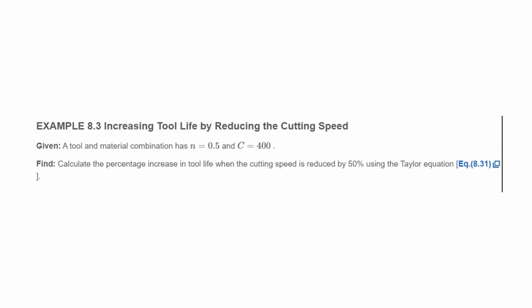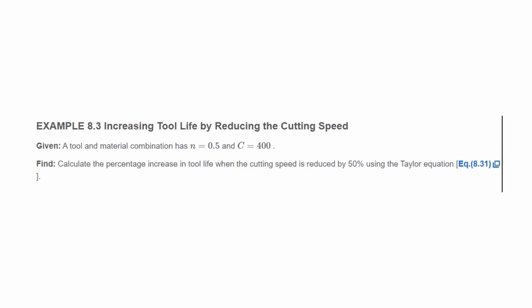T2 is my second case and T1 is my first one, so T2 over T1 equals V1 squared over V2 squared, which can be written as (V1/V2) squared.